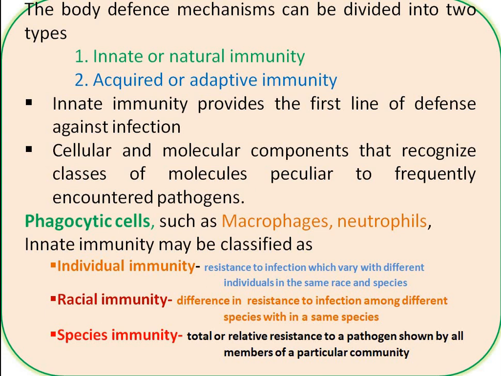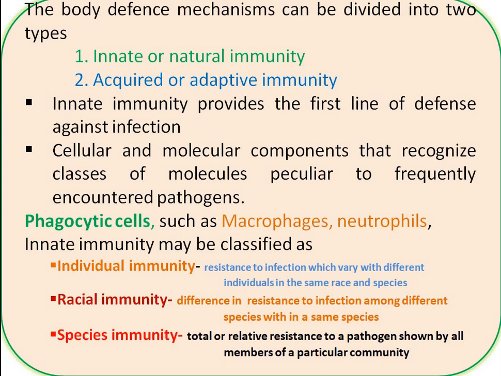Innate immunity may be classified as individual innate immunity, racial immunity, and species immunity. Individual immunity is resistance to infection which varies between different individuals in the same race and same species.